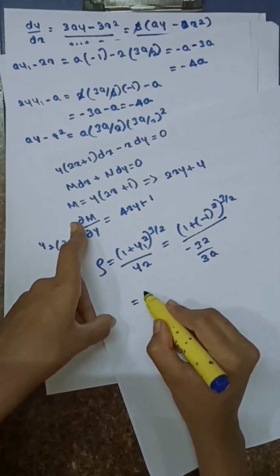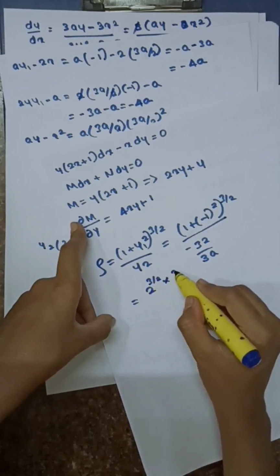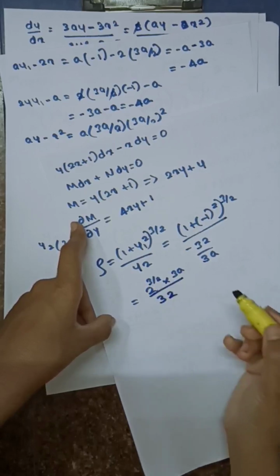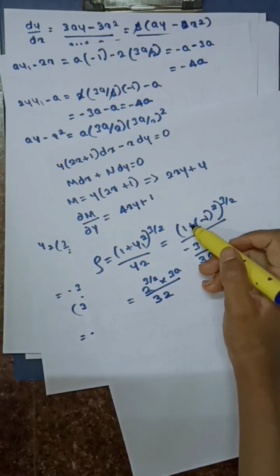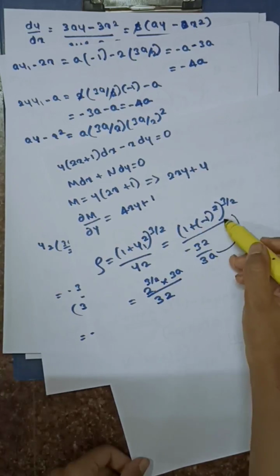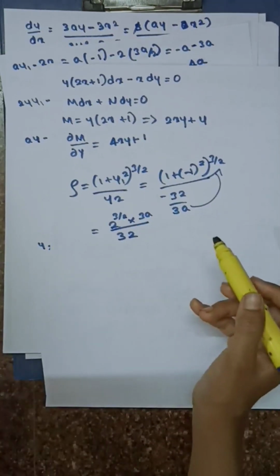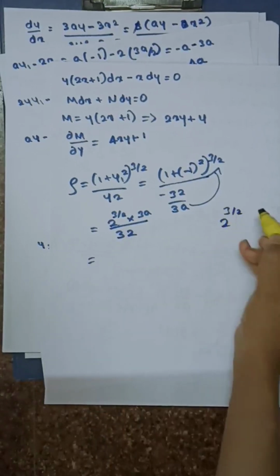So this 2 to the power of 3 by 2 into 3a by 32. Minus 1 square is plus 1. 1 plus 1, 2. 2 to the power of 3 by 2 into 3a. I have shifted this here, 3a, that is minus 32. So now this 2 to the power of 3 by 2, I will simplify.